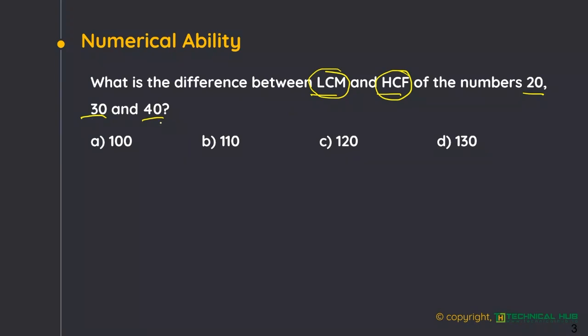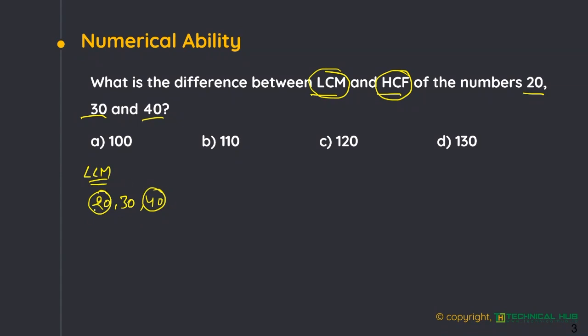And then take the difference between those two. First I will calculate the LCM. What is the LCM of 20, 30 and 40? Here it is very clear that 40 is a multiple of 20, right? Therefore, the LCM of 20 and 40 is 40 only.